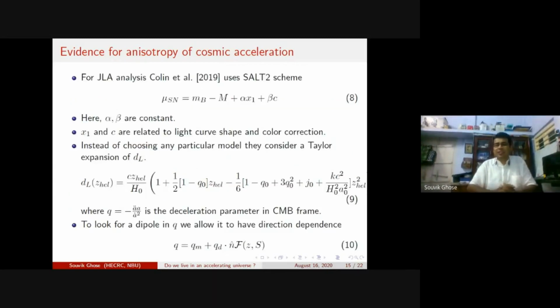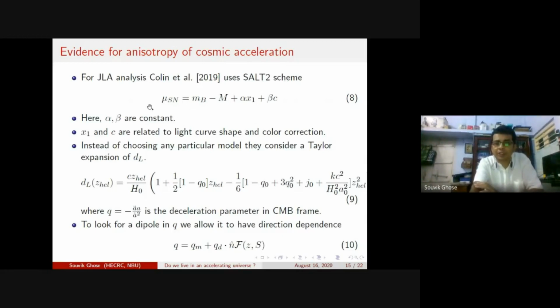For the JLA analysis, Colin et al. analyzed the data to see whether there is an acceleration or whether the peculiar velocities, which they call bulk flow, are responsible for the apparent acceleration. They use a SALT scheme of parameterization, the SALT2 light curve template.